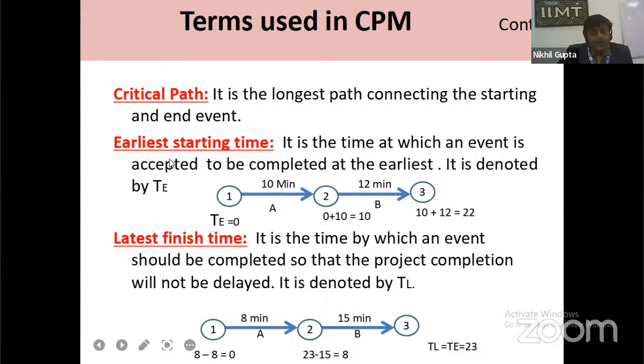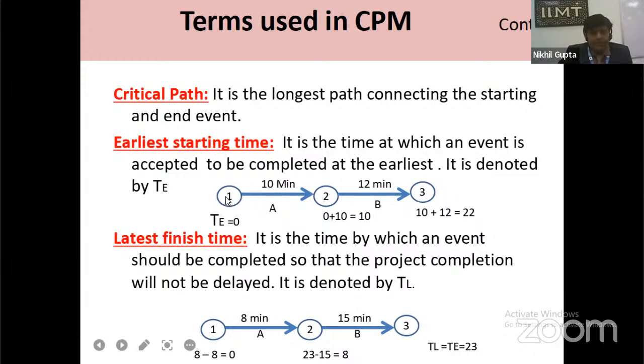Now, what is the earliest starting time? The earliest starting time is the time at which an event is expected to be completed at the earliest. It is denoted by TE. Here, this is activity A, this is activity B, and these are events 1, 2, and 3.